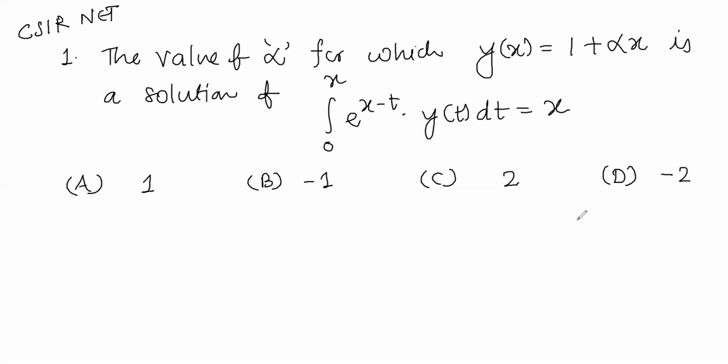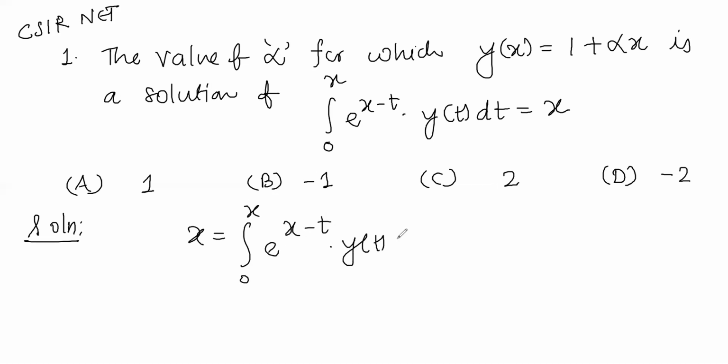Now let's go solve this. Let me rewrite the equation so that it looks good. So x equals integral 0 to x e power x minus t y of t dt.